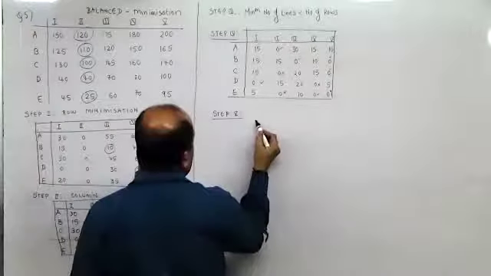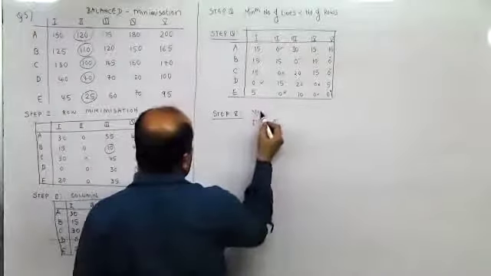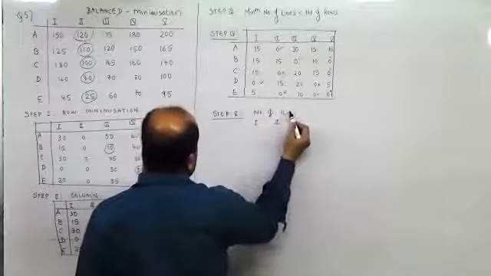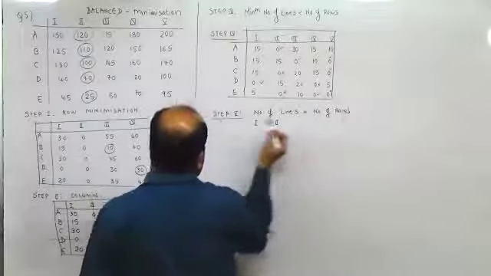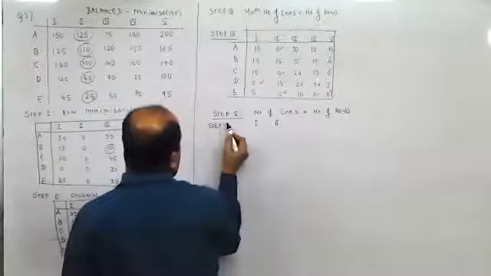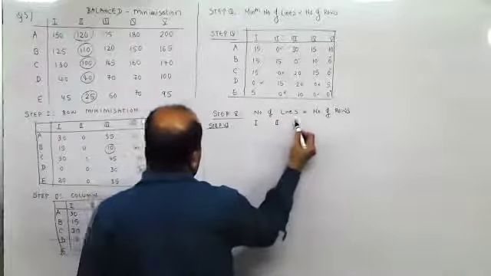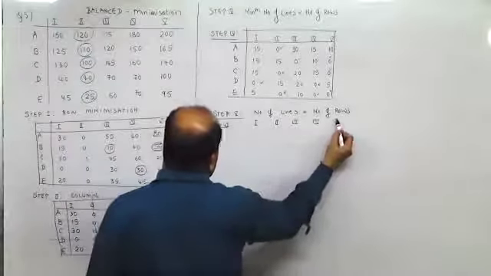So therefore, number of lines equal to number of rows. So step 6 would be assignment. 1, 2, 3, 4, 5.